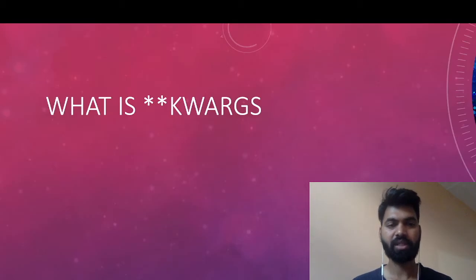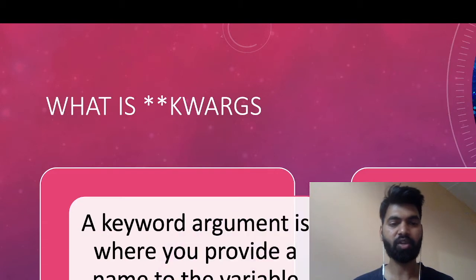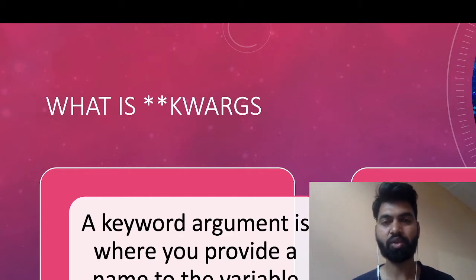A keyword argument is where you provide a name to the variable as you pass it into the function. Somewhere you need a requirement, like you are passing argument 1, argument 2, argument 3, argument 4 when calling that function. Sometimes you need to pass the exact name it belongs to.